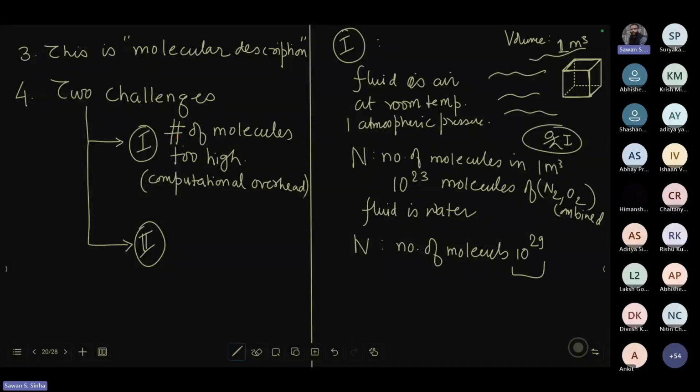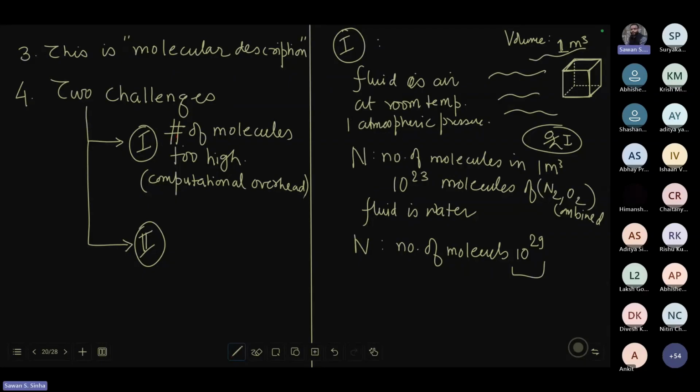After all, water has a higher density, so you would expect that in 1 meter cube there will be more molecules. Indeed, there are 10 to the power 29 molecules, a very large number. That's a challenge in molecular description. Okay, I don't like this. So molecular description is like one down, a disadvantage.